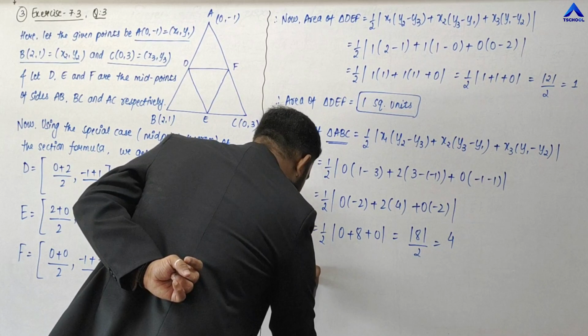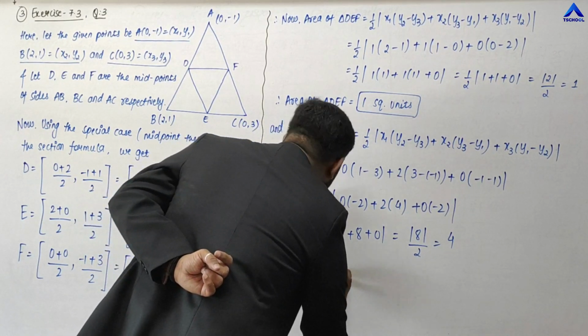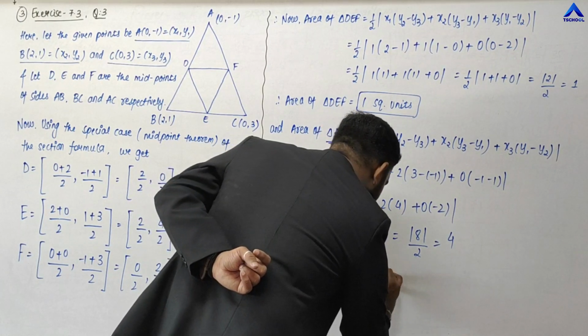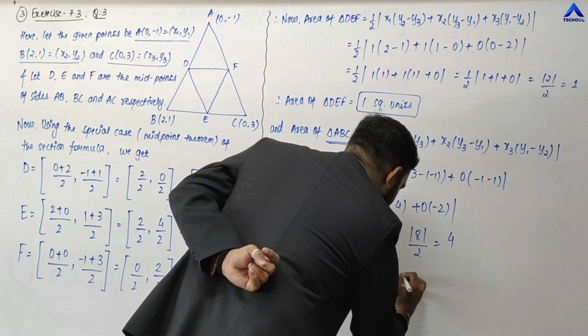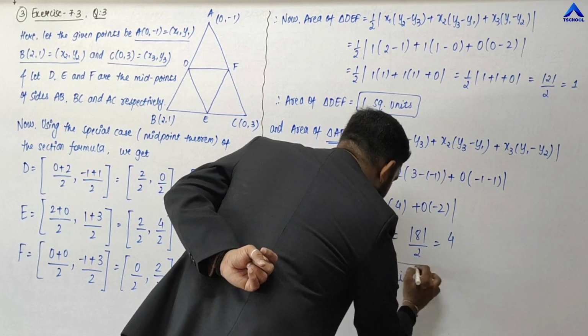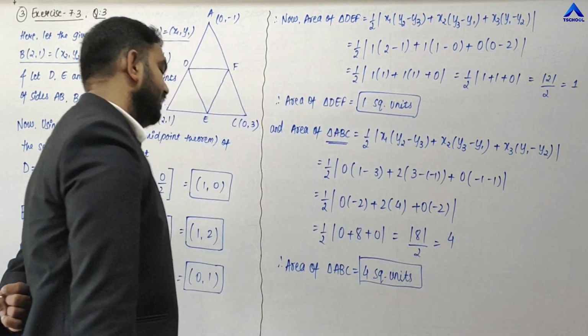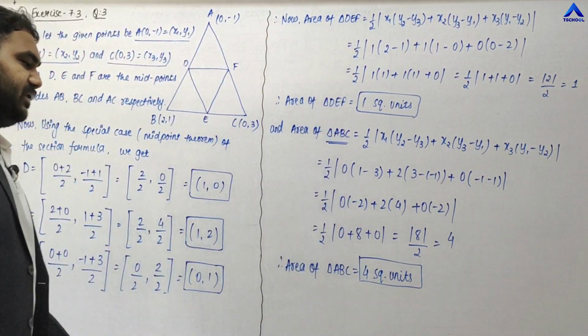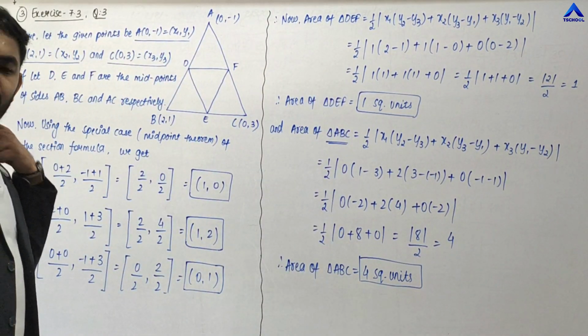Therefore area of triangle ABC is equal to 4 square units. So we got the areas of both the triangles here: area of triangle DEF is 1 square unit and area of triangle ABC is 4 square units.